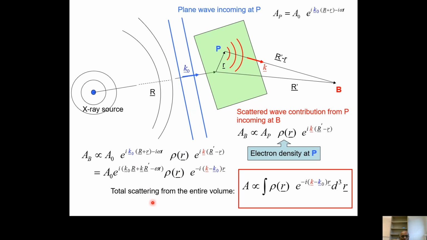So then the total scattering from the entire volume, because this is a constant, is proportional to the integral of rho(r) times e to the minus i (k minus k0). That's the important part. We call this one delta k, dot r. Then we have to integrate over the whole volume. That's the final thing, that's all you need to know.